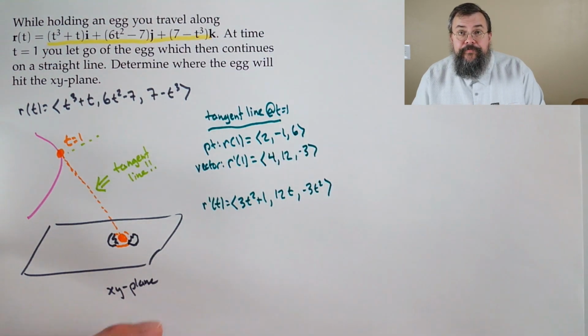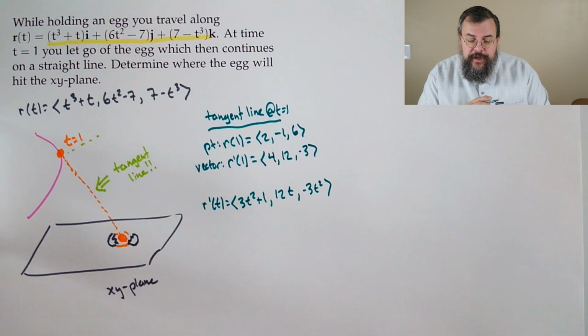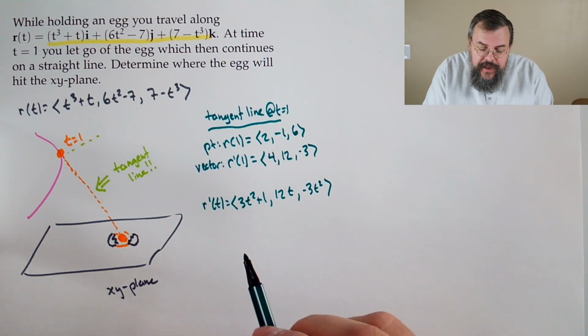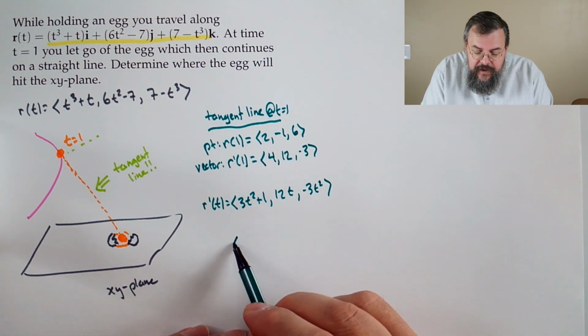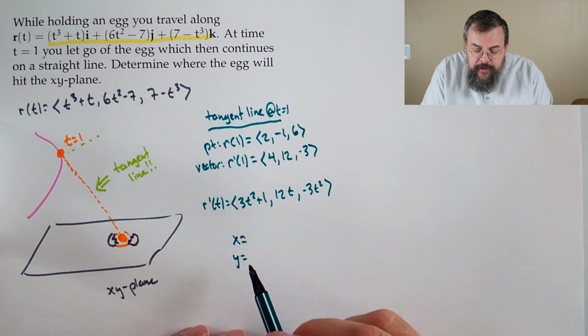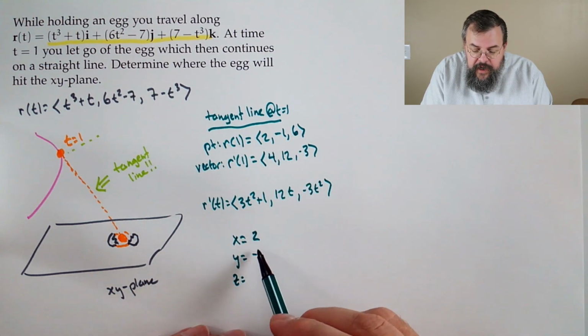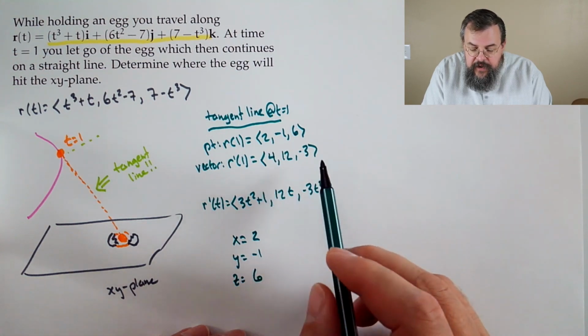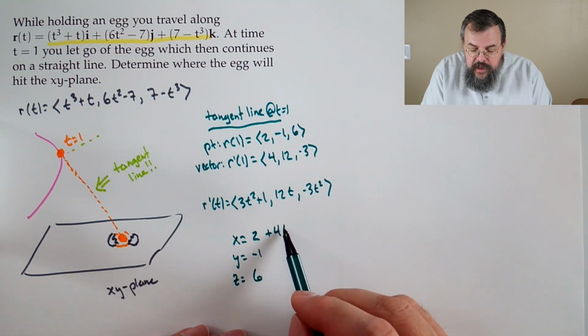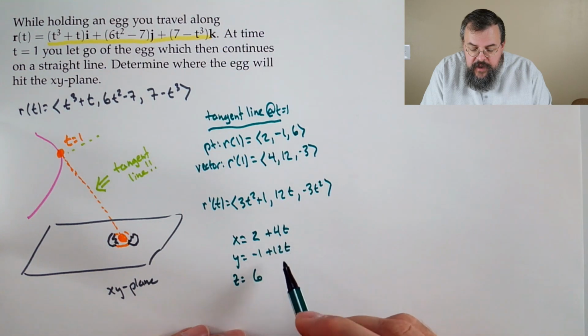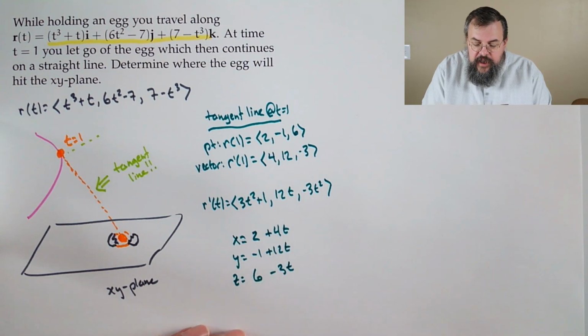All right. So here we go. Now, our tangent line is x, y, z equals our point, 2, negative 1, 6, plus our vector, 4t, 12t, negative 3t. Okay, so there's our tangent line.